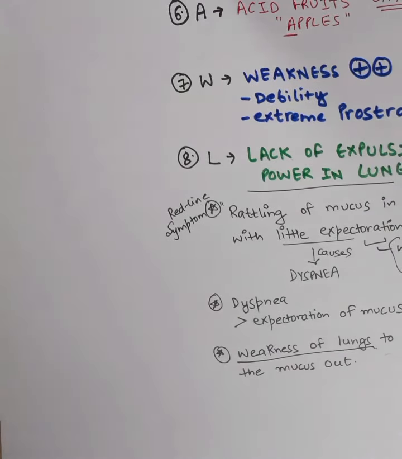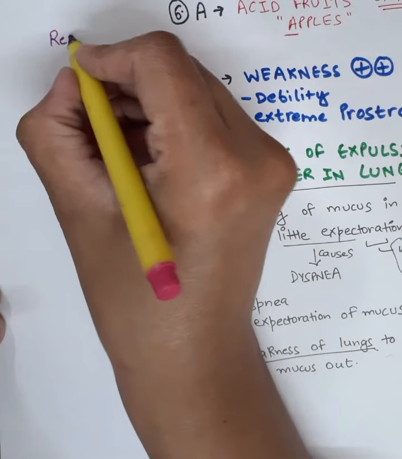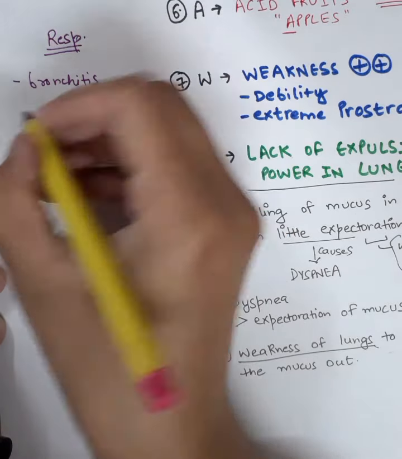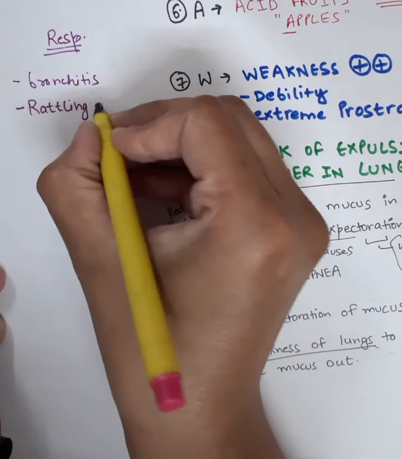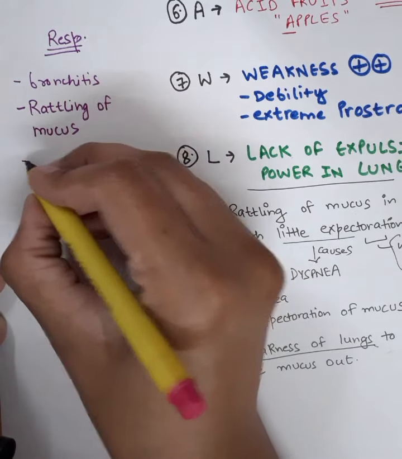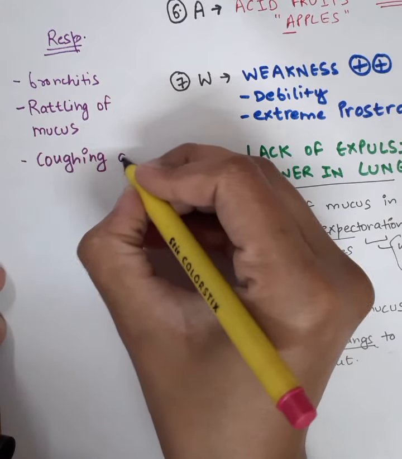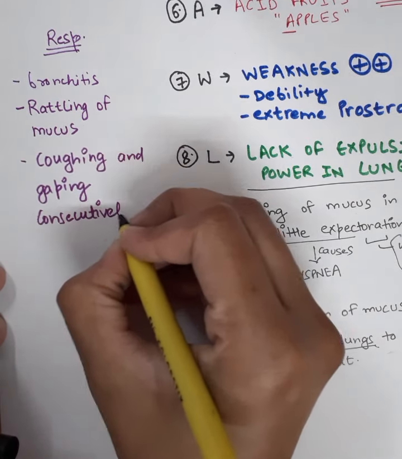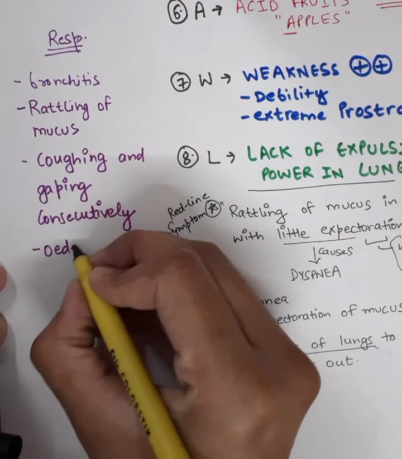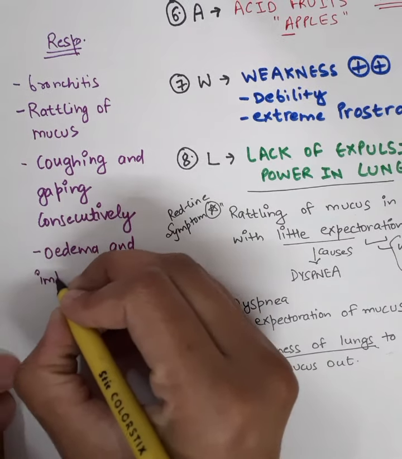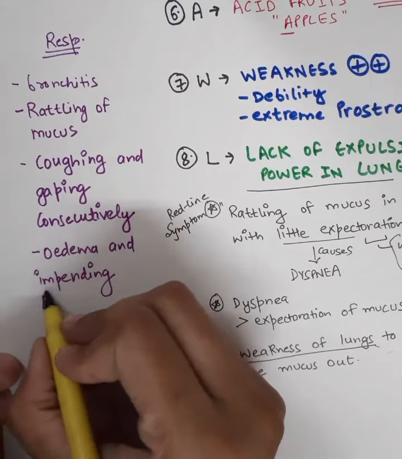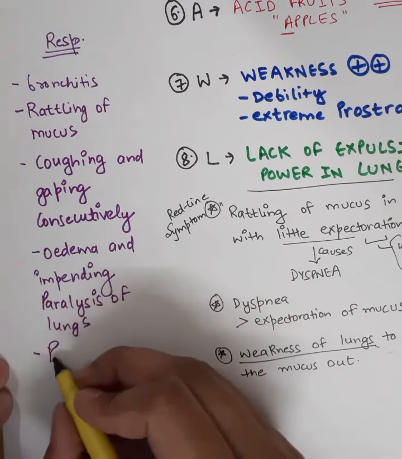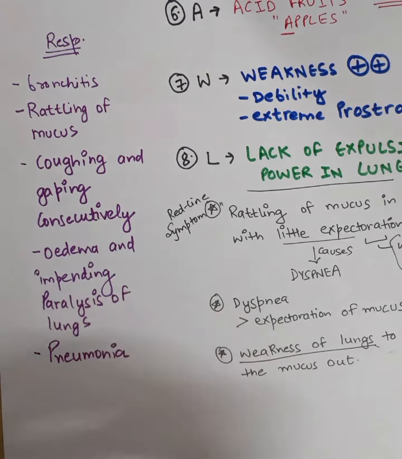While we are on this, I am going to write some of the important respiratory symptoms. First we have bronchitis, rattling of mucus, coughing and gaping consecutively, edema and impending paralysis of lungs, and the last one is pneumonia.